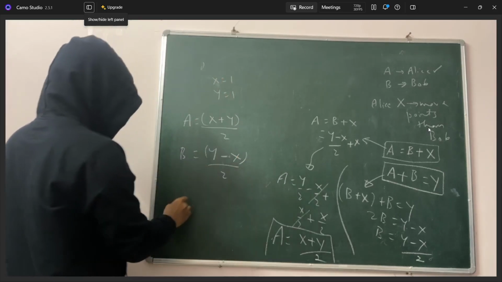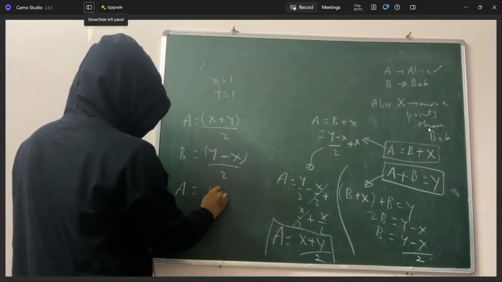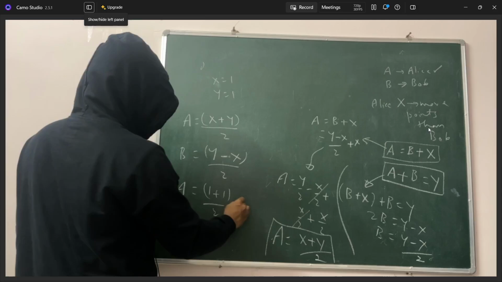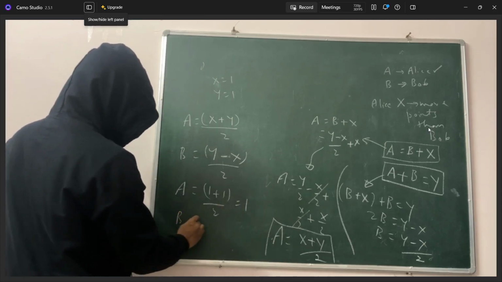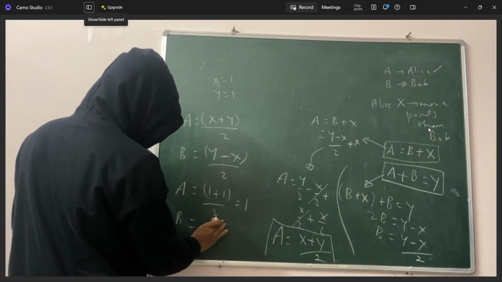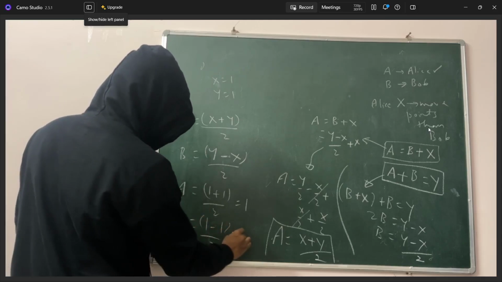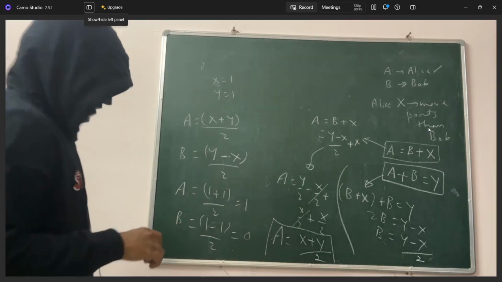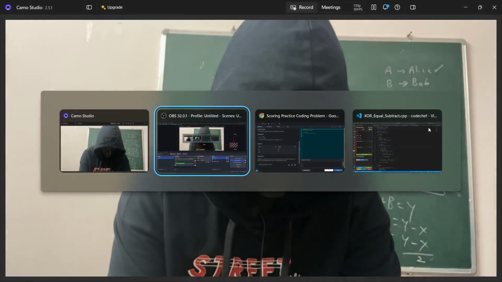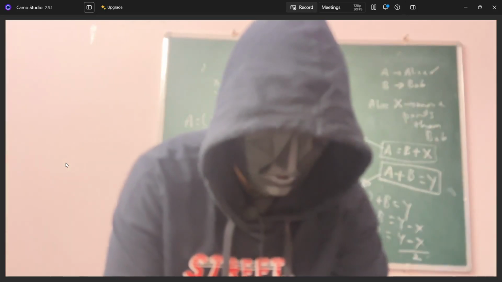So let's find Alice's score from the first example. It is X plus Y, which is 1 plus 1, by 2, so it is going to be 1. And what is Bob's score? It is 1 minus 1, which is 0, by 2, so it is going to be 0. So we have 1 and 0. Similarly you can find for 2 and 8.